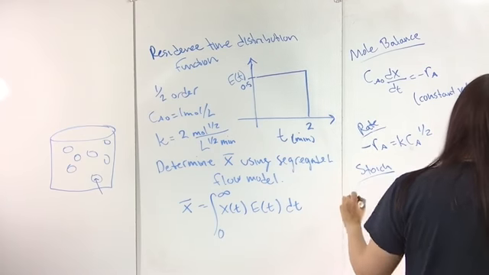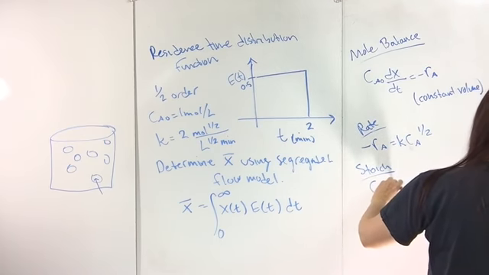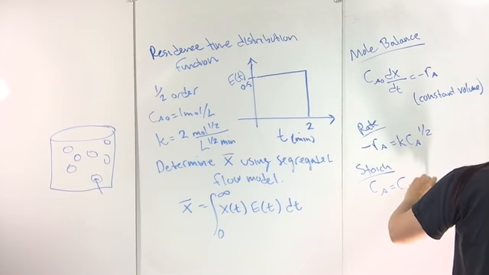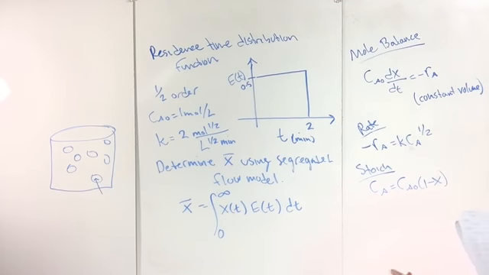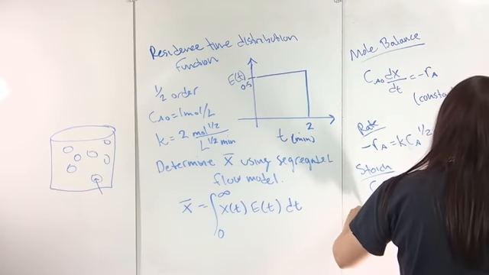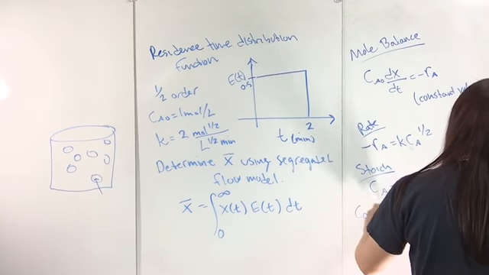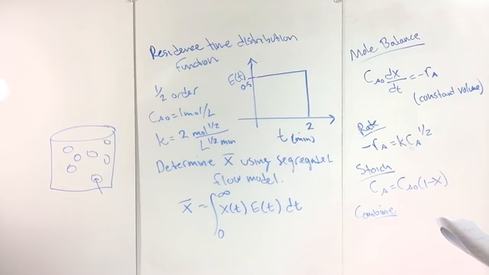Stoichiometry, assuming liquid, and so then we want to combine this. And what we want to do is combine the equation, integrate, and basically solve it, and then solve for x.